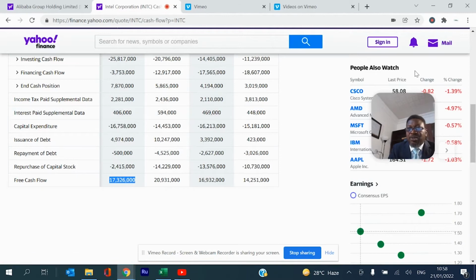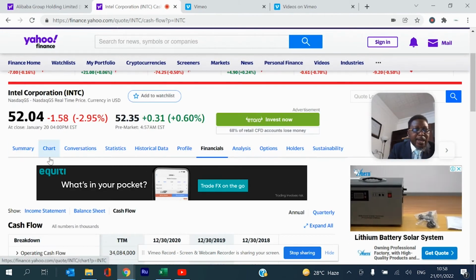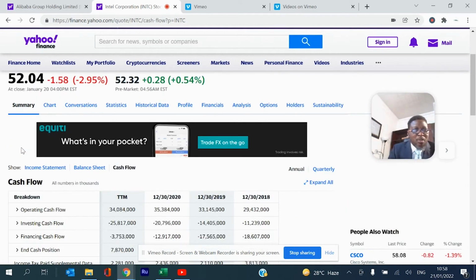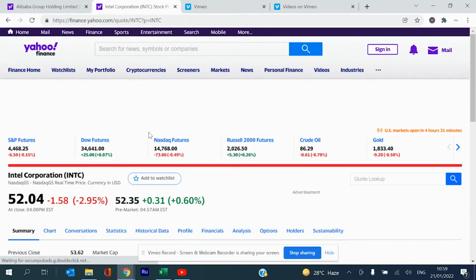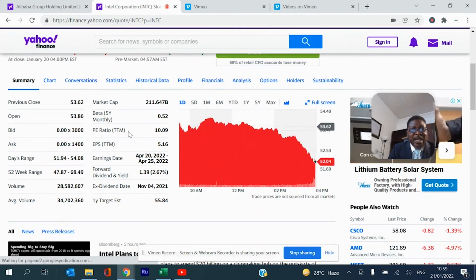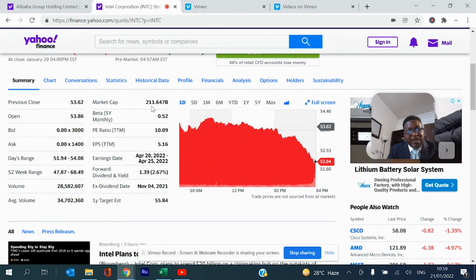In the meantime, I need to get the information on the market cap, right? So I go back to the summary. My system is a bit slow. Okay. On the summary here, it is stated as 211.647 billion, and the price here, as I disclosed, is 52.